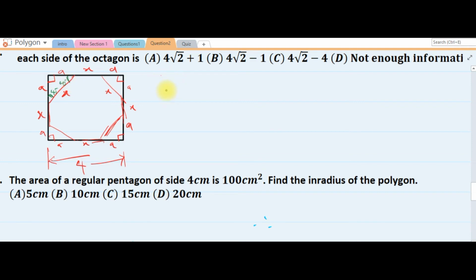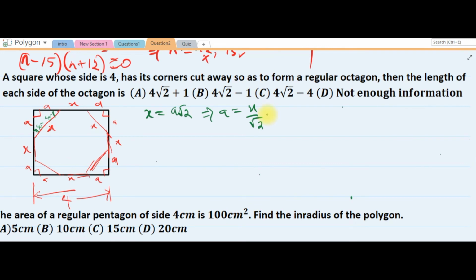So from 45, 90 theorem, x must be equal to a root 2, which implies that a is x over root 2. So if you rationalize, multiplying by the conjugate, it is now root 2 x over 2. So that's the value of a. So we notice that if you add this, a plus x plus a must give us 4.